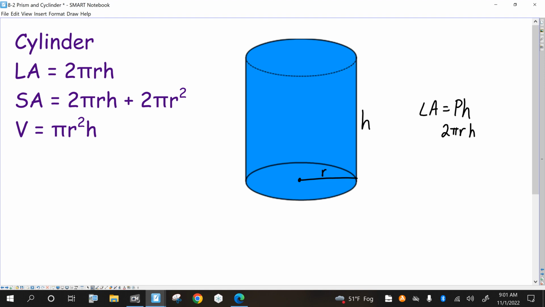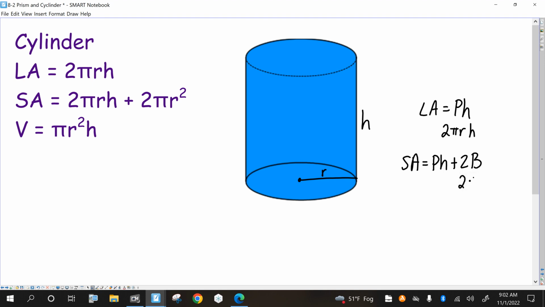So a cylinder is a prism with circular bases. Notice this is LA, it's the same, and this is 2 times the area of the base. Well, the area of a circle equals pi r squared. Good.